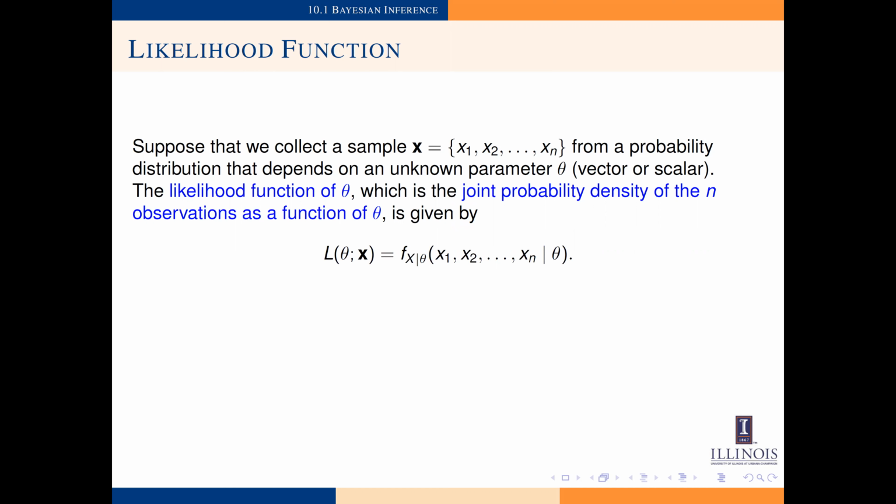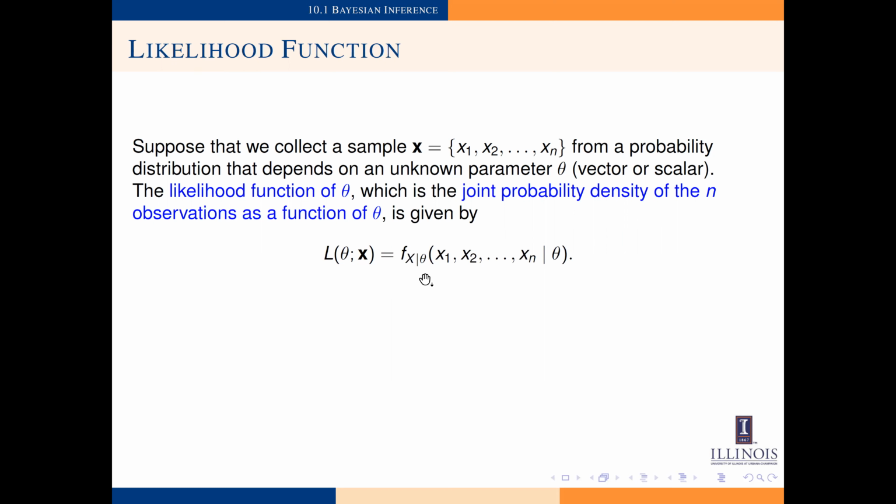Then the likelihood function of theta, which is the joint probability density of the n observations as a function of theta, is given by this formula over here. So we usually denote it by L(theta), or L(theta; x), meaning that this is the likelihood function of theta given these data.